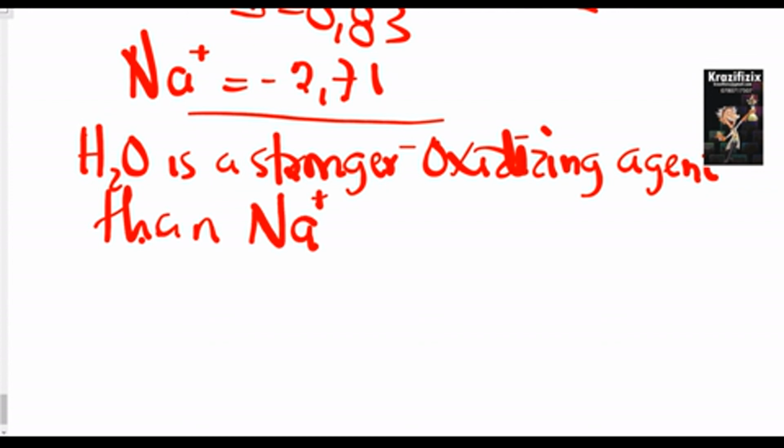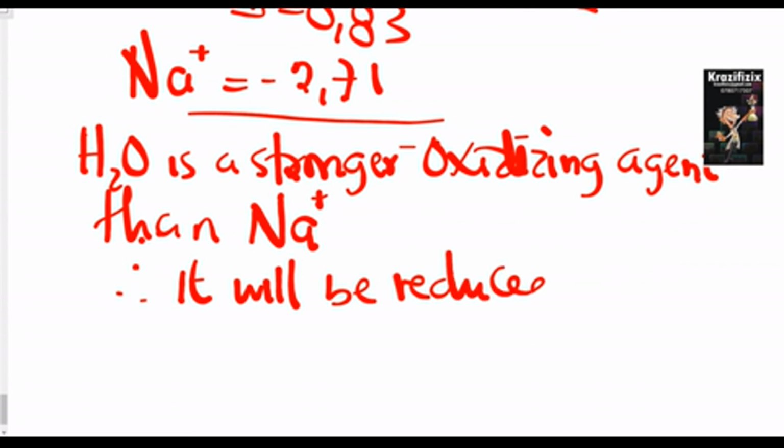Therefore it will be reduced to hydrogen gas, because we must talk about what is formed. Or use the other way around to say that sodium is a stronger reducing agent, so it will reduce water to hydrogen gas there. All right.